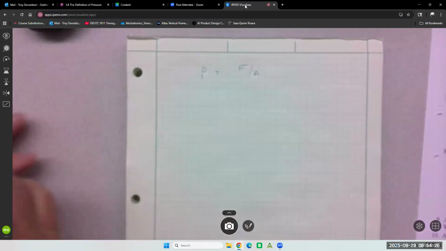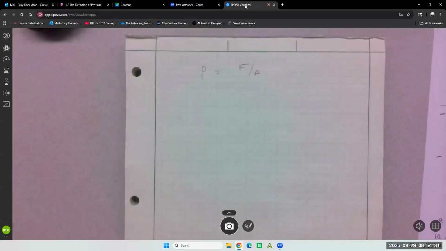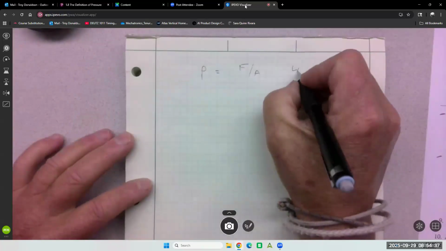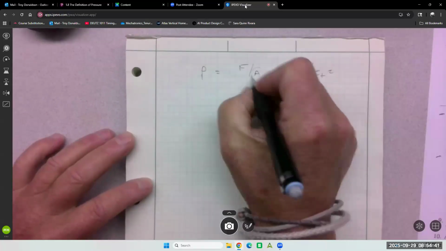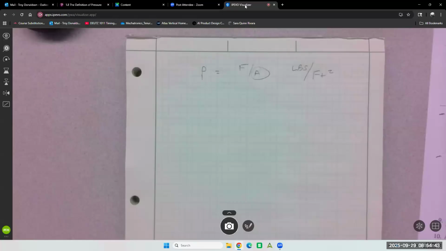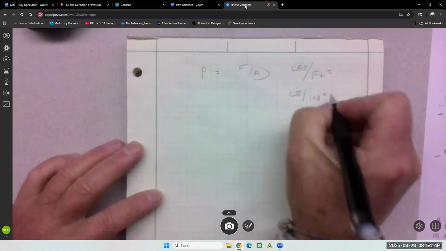And force typically is in pounds or newtons. Okay. So force per unit area, pounds per foot squared, maybe. Area, remember, is going to be in a unit squared, or it's going to be in pounds per inch squared.